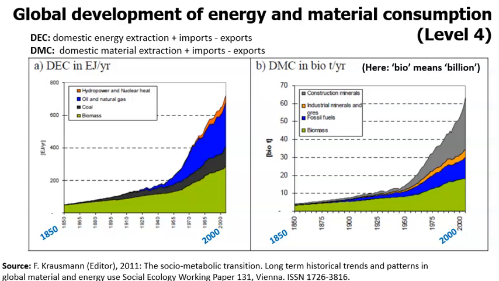On the right side you see the same graph but for material consumption this time, so how many materials enter the human economy. Also here biomass has dominated the picture for thousands of years, but only in the 20th century was it surpassed by the non-biomass materials, especially the fossil fuels, and of course also the construction materials, which today are the largest contributor to total human material use.